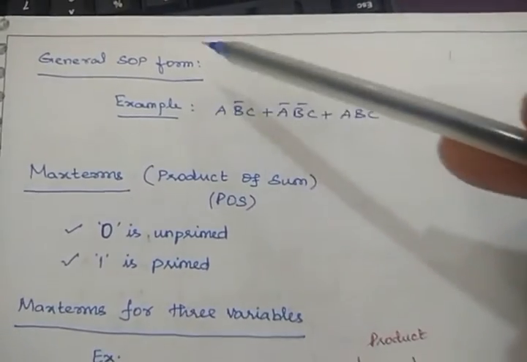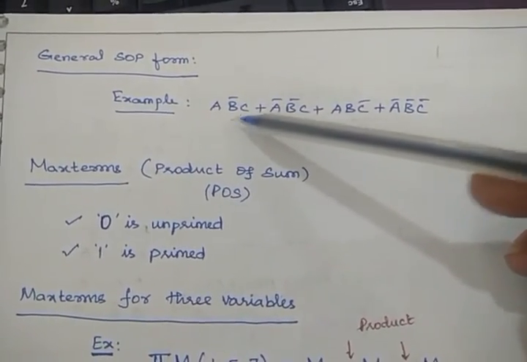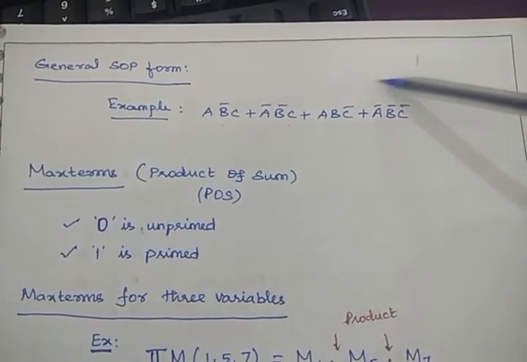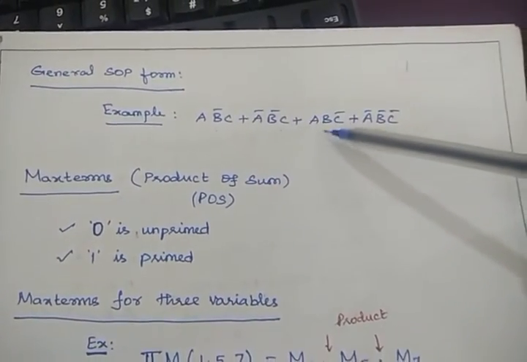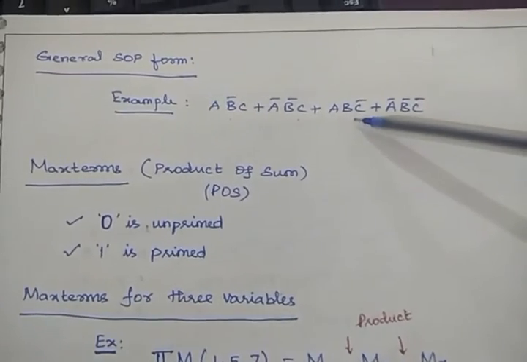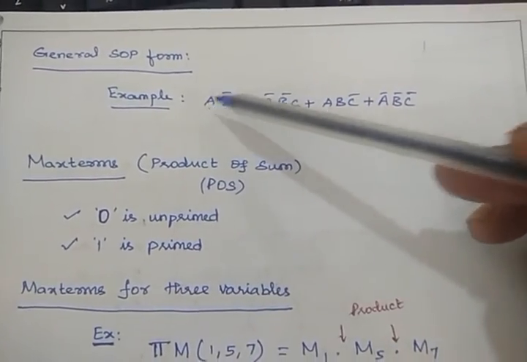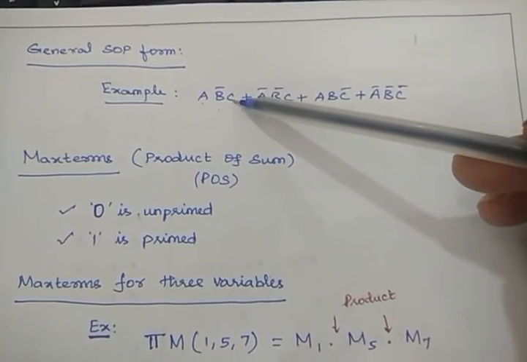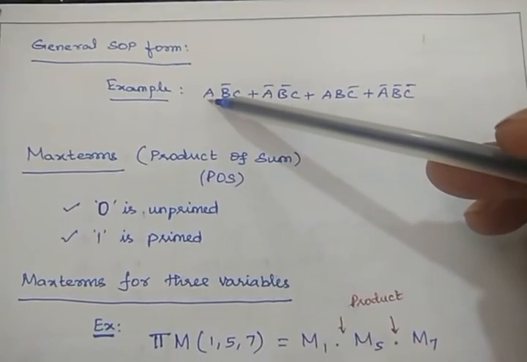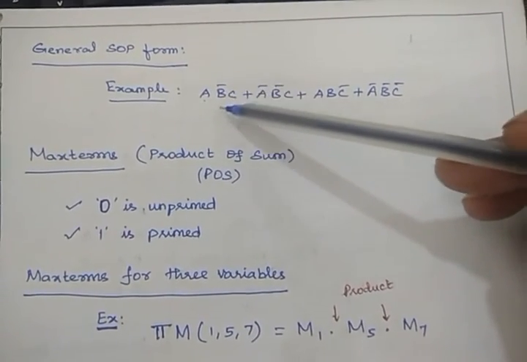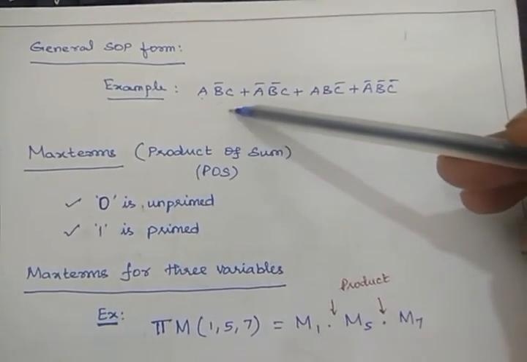So we'll move on to the general form of SOP. Suppose the expression is like this, then this expression is min term based. These are min terms. See here, this is unprimed, this is primed, this is unprimed, which means 1, 0, 1. 1, 0, 1 means M5.